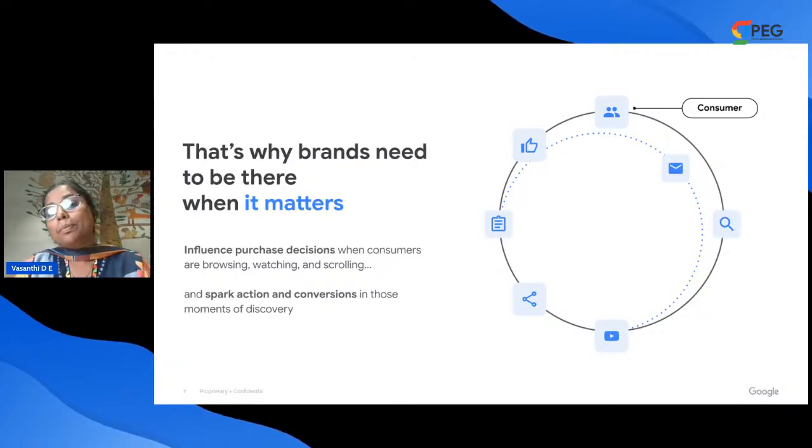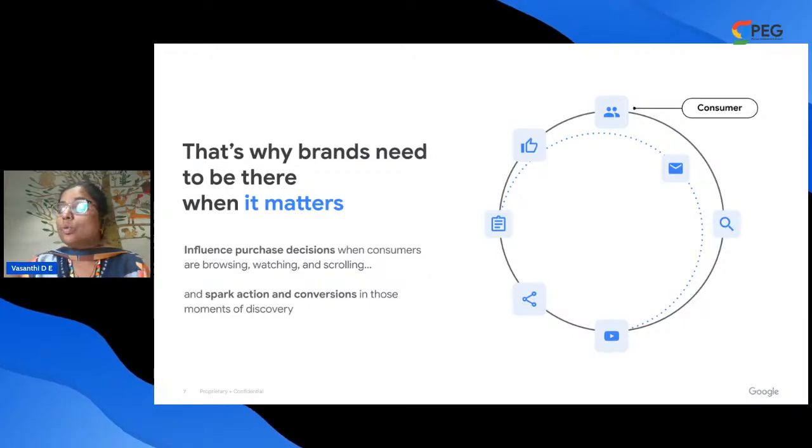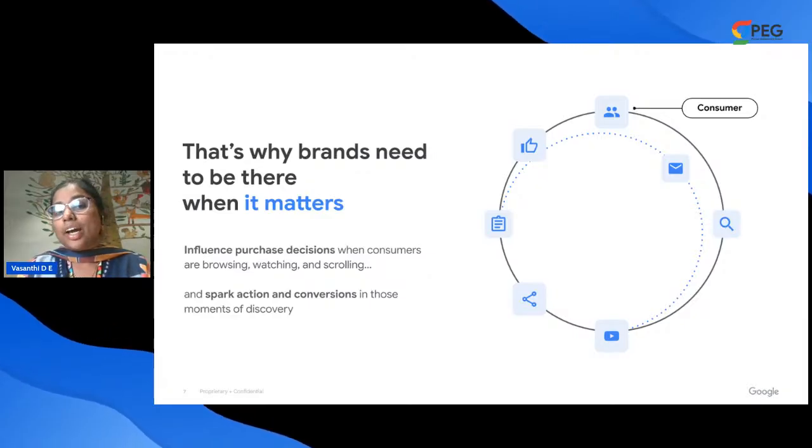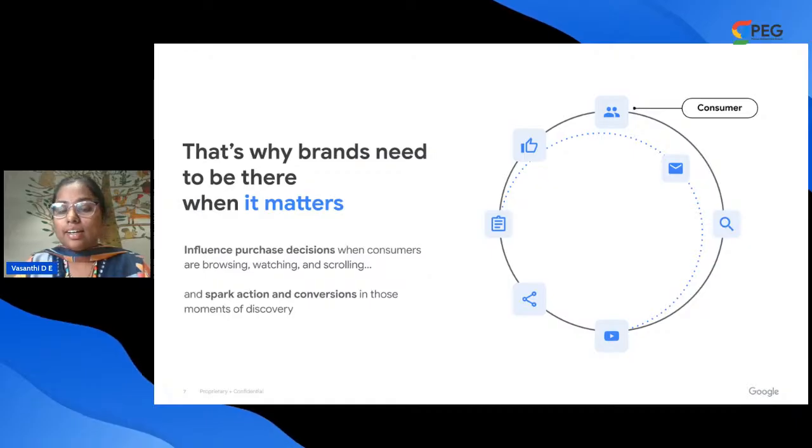Now, that's why a brand needs to be there when it matters the most, right? Today, people are always online, just looking around, finding new things without even searching for them. So, businesses cannot just wait for people to search for what exactly they sell.